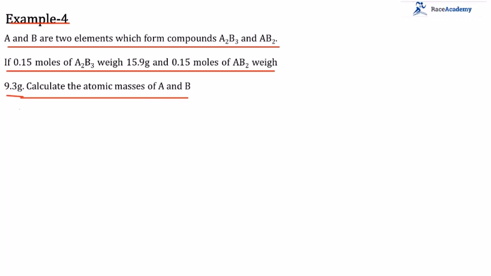They have given some hints in the problem itself. The atomic masses of A and B should be calculated. For example, I assume the atomic mass of A is small a and the atomic mass of B is small b, just for simple calculation.